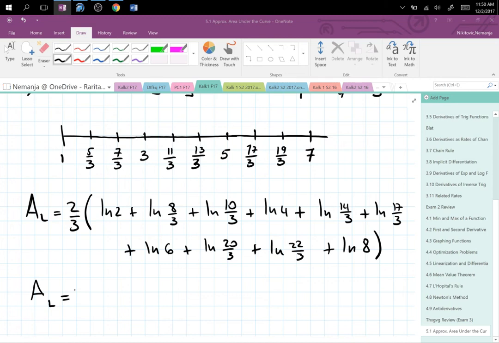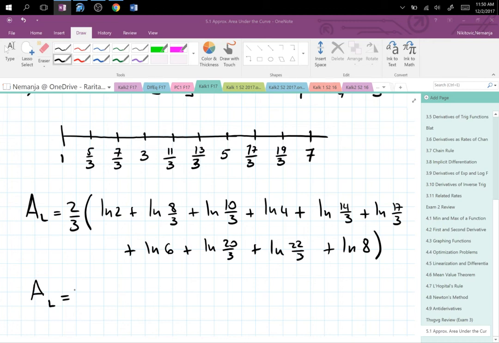Plus ln 10/3. Plus ln 4. Plus ln 14/3. Plus ln 17/3.